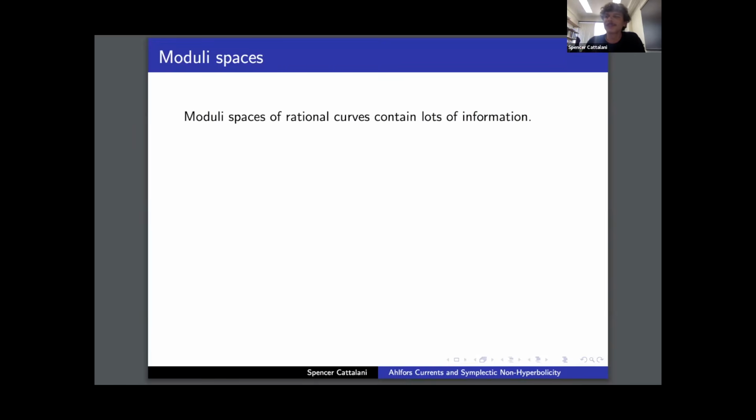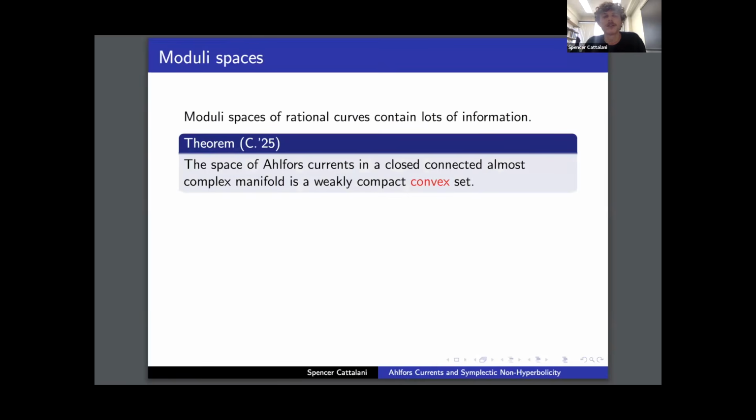But you can ask what linear structure their moduli space has. It turns out it has as nice a linear structure as you can expect. The space of Ahlfors currents in a closed connected almost complex manifold is a compact convex set. The compactness was already known, it just comes from Banach-Alaoglu, but the convexity is new.